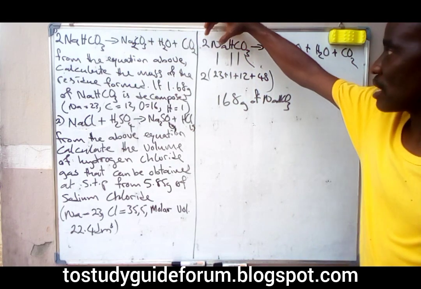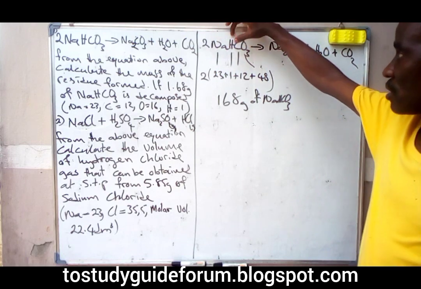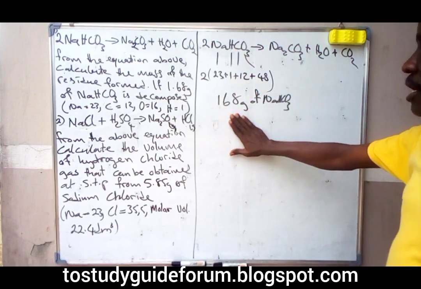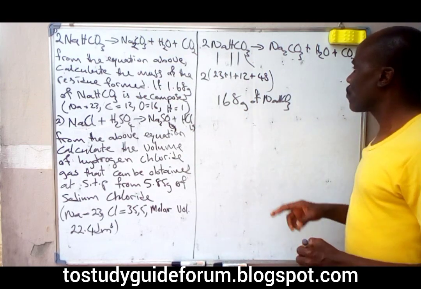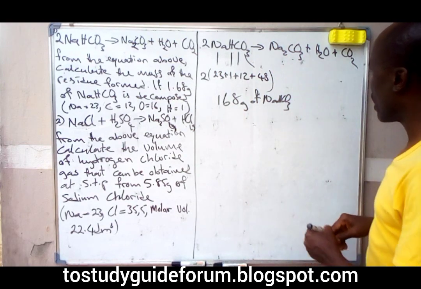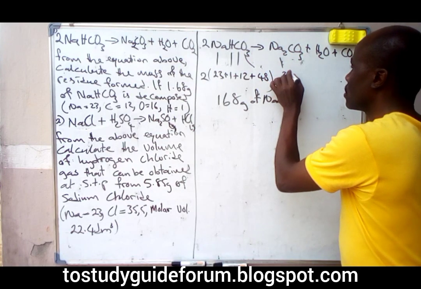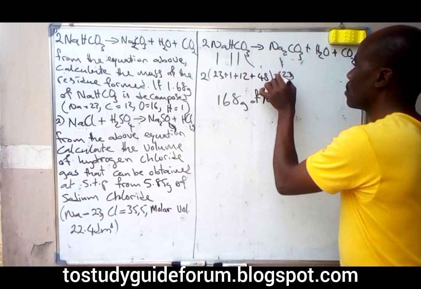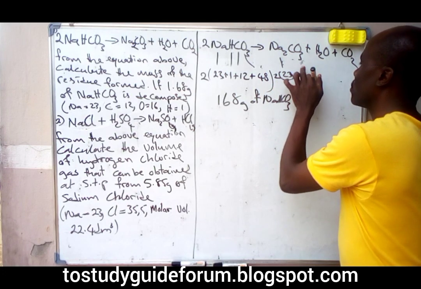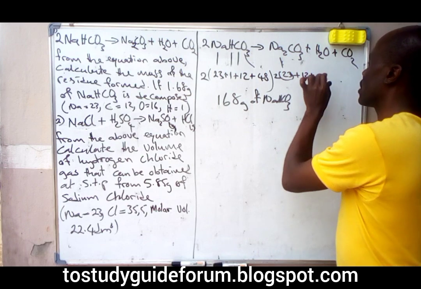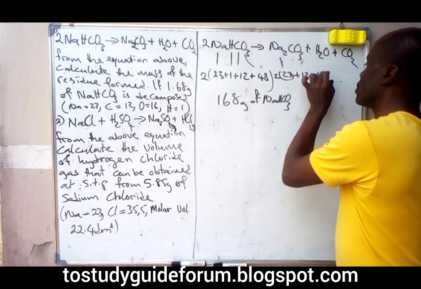Now, the reacting mass in this chemical equation is this 168 grams. For this other one, we have sodium as 23 times 2, plus carbon, which is 12, plus 16 times 3, which gives us 48.